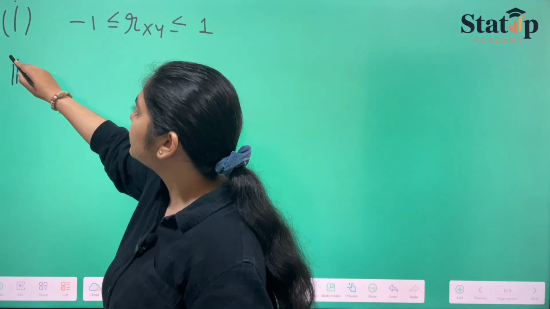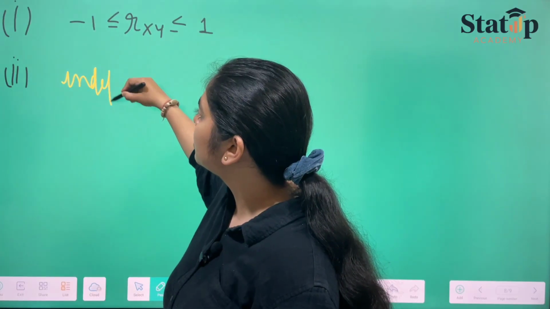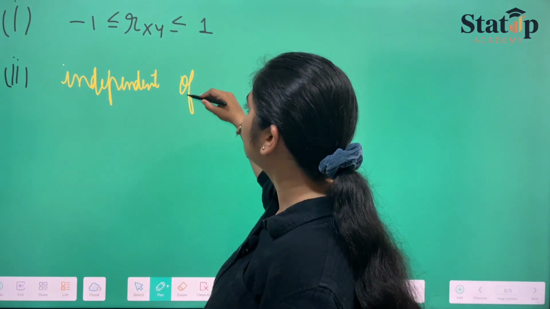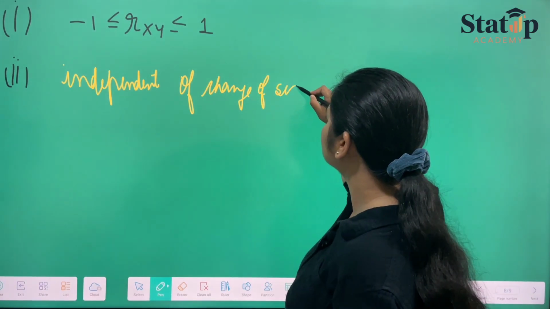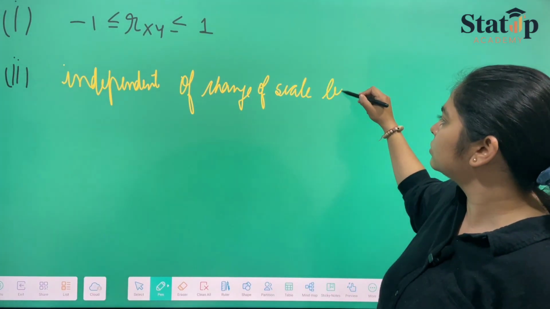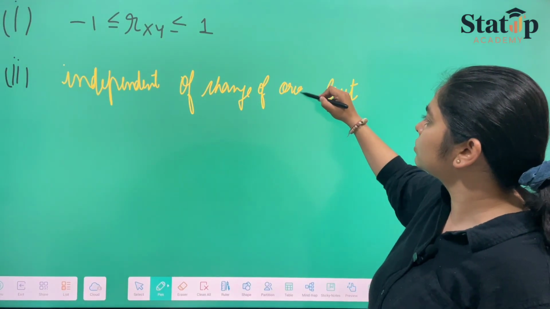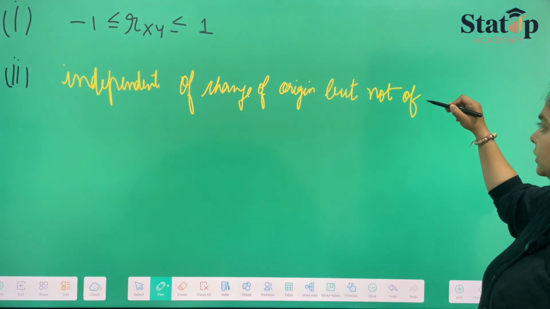Then the second one is that it is independent of change of origin, but not of scale.